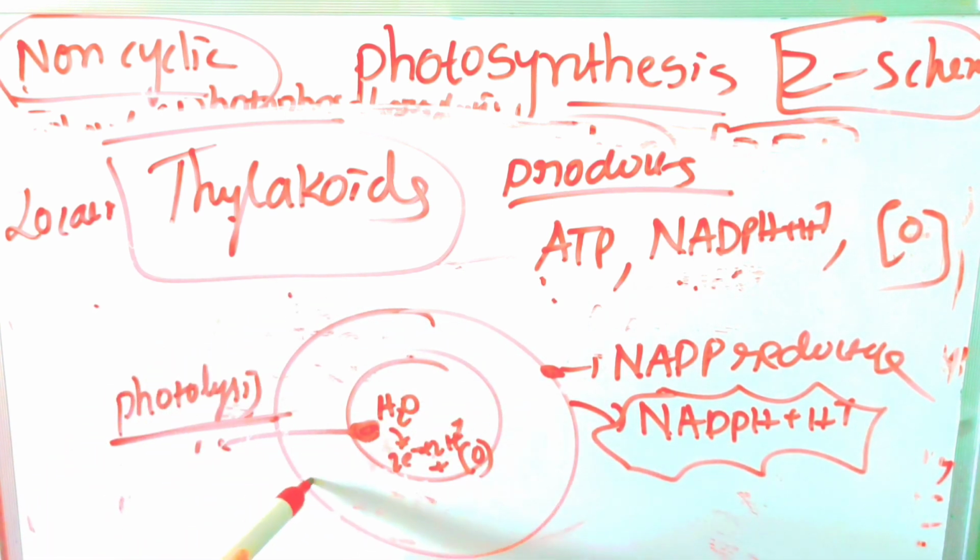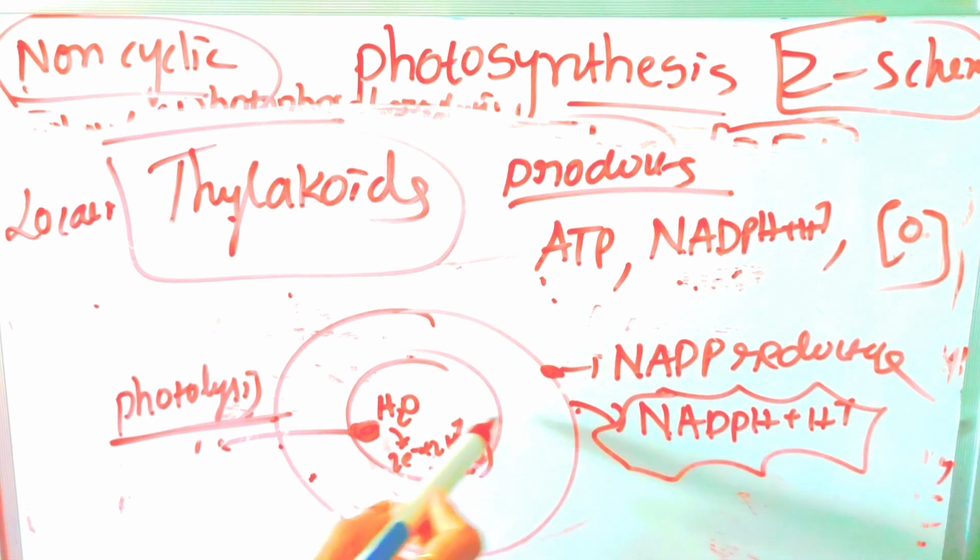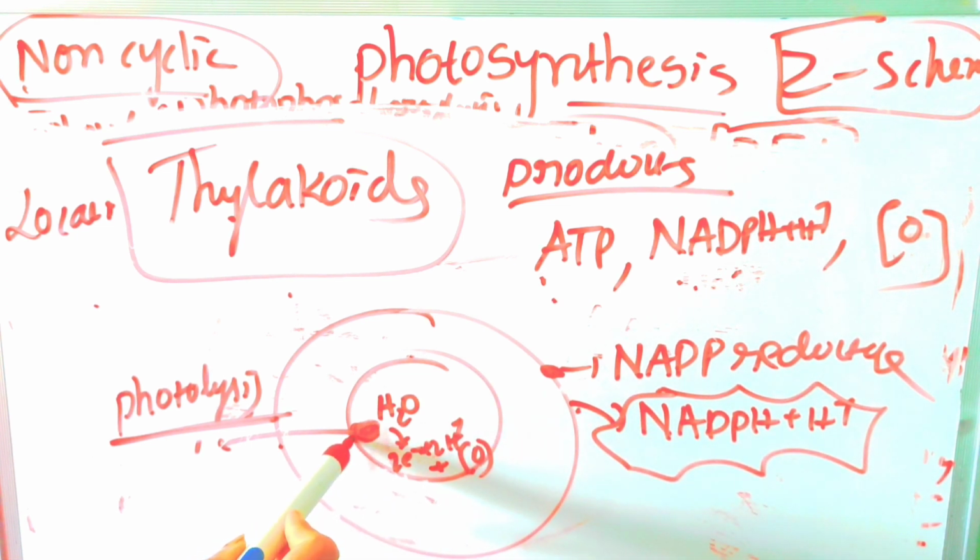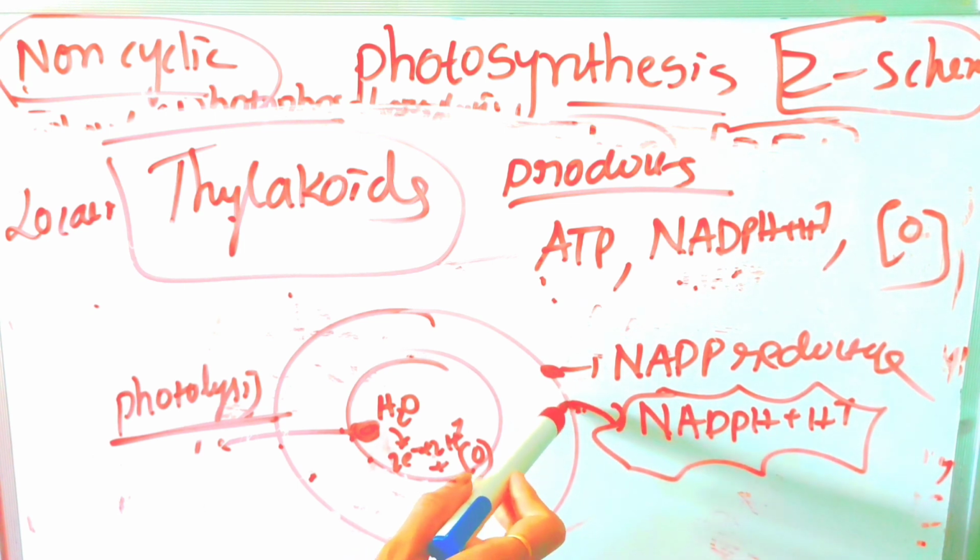The thylakoid has two important membranes. The outer membrane has the NADP reductase complex, and the inner membrane has the photolysis complex. What is the importance of photolysis? It is the donor of 2 protons, 2 electrons and 1 nascent oxygen. What is the need of NADP reductase?